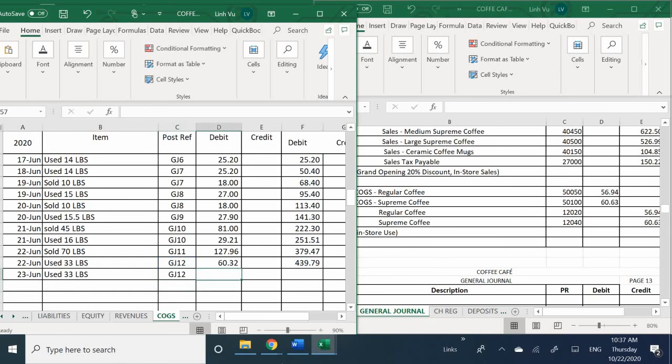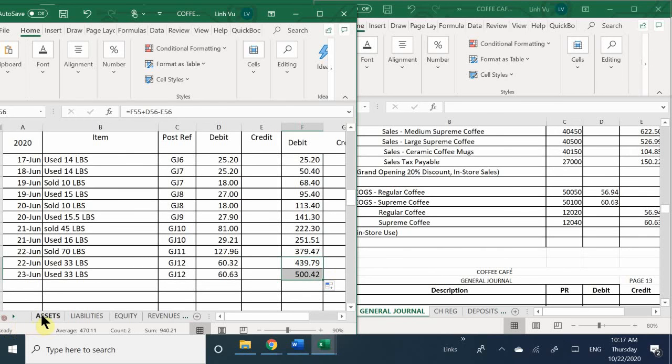GJ 12. Okay. Everything same. 6032. Actually, no, it wasn't 6032, was it? It was actually 6063, excuse me. Shoot. Thank you. 79 plus 542. 542 is correct.